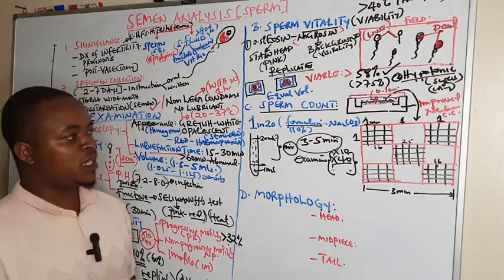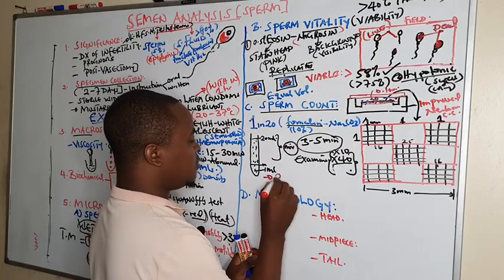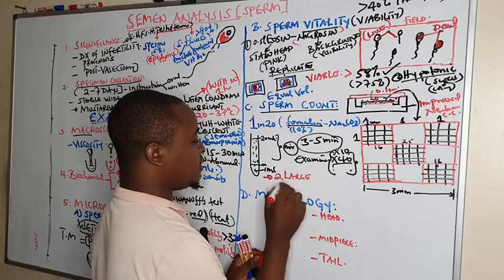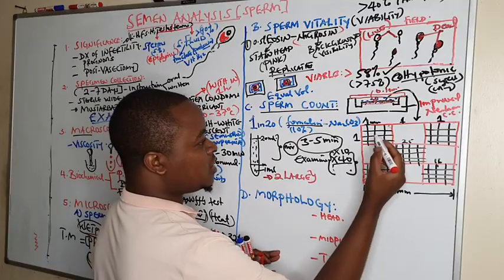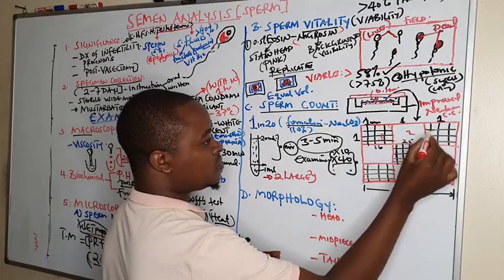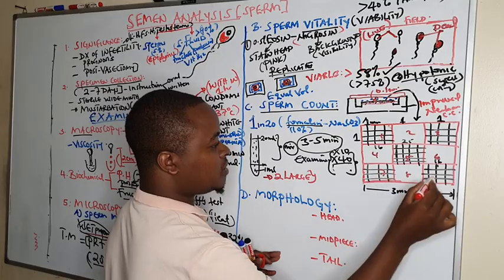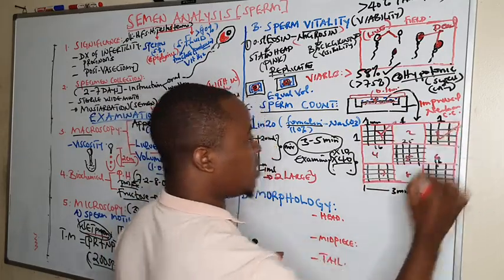One, we can decide to count in 2 large squares, any 2 large squares. So we have 9 large squares, 1, 2, 3, 4, 5, 6, 7, 8, and 9. So we can choose this one and this one.